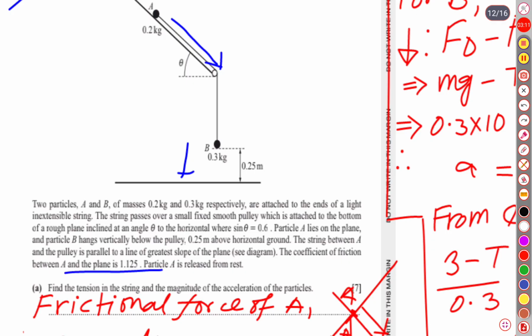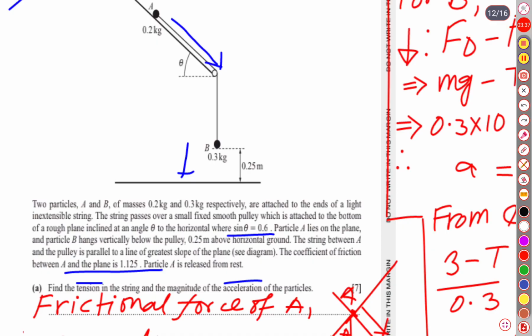This is actually mu. The other information is that sin theta is 0.6. We will have to solve this question by forming two equations, as there are two unknowns: one is tension, the other is acceleration. So we will form two simultaneous equations and solve them simultaneously.